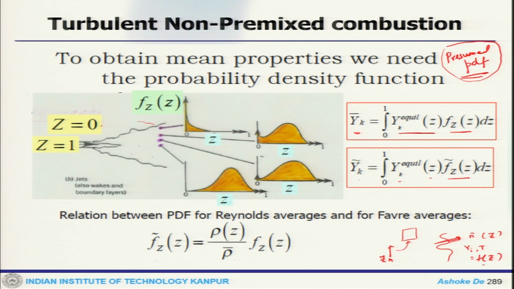You can see some distribution of Z here, and here you see a Gaussian distribution. So, there are different probability distribution functions in the field. Using this distribution function and the information of mass fraction as a function of Z, one can find out the Favre average mean mixture fraction.